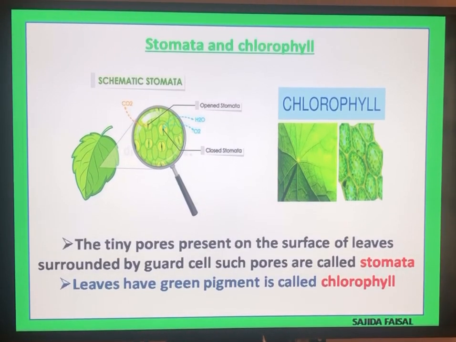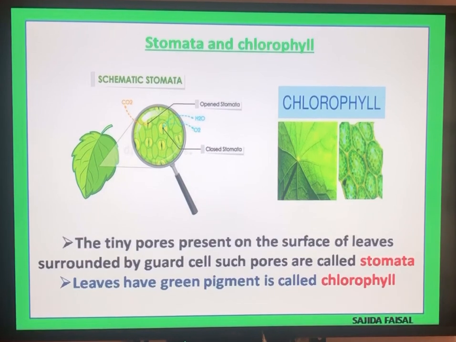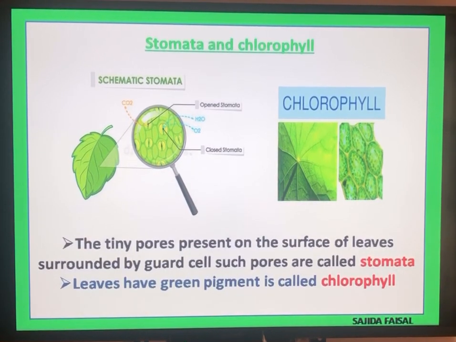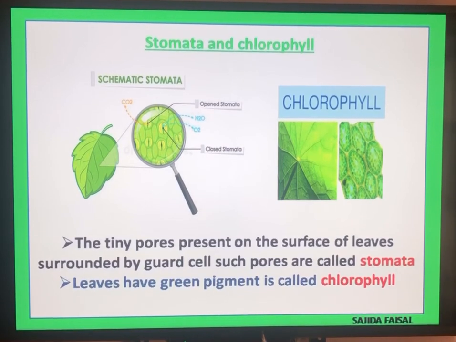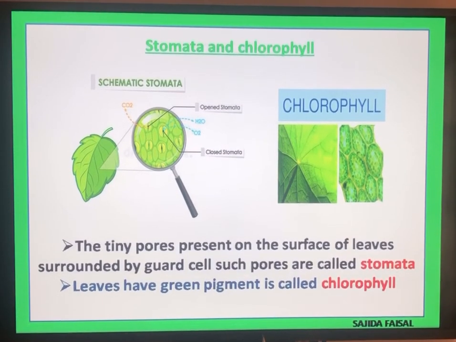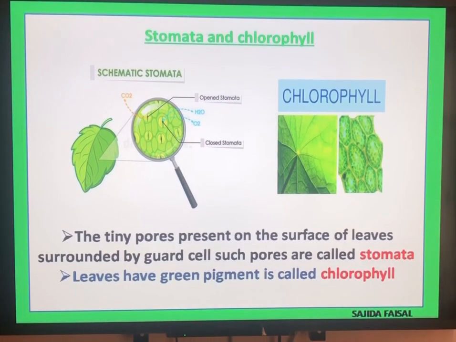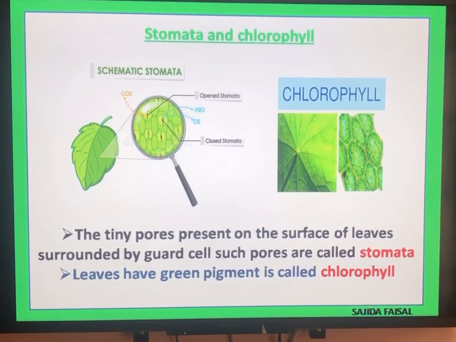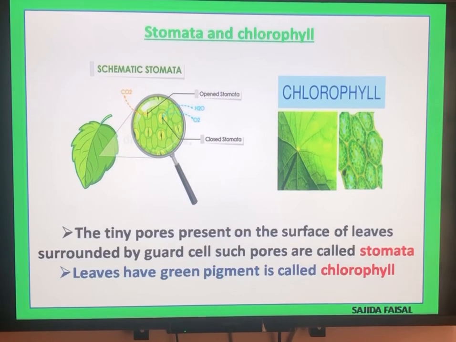The tiny pores present in the surface of leaves surrounded by guard cells are called stomata. What do you mean by chlorophyll? Chlorophyll means the green pigment in the leaves.